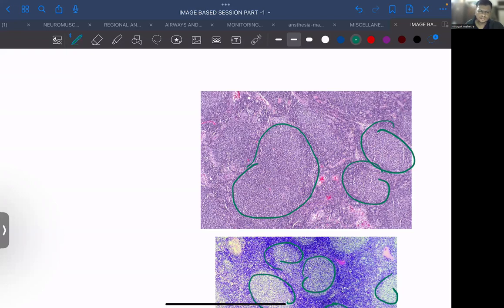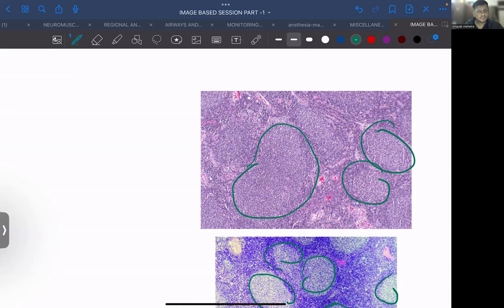Popcorn is seen in lymphocyte predominant, and our lacunar cell, lacuna मतलब चांद होता है, moon, right? It is seen in nodular sclerosis.